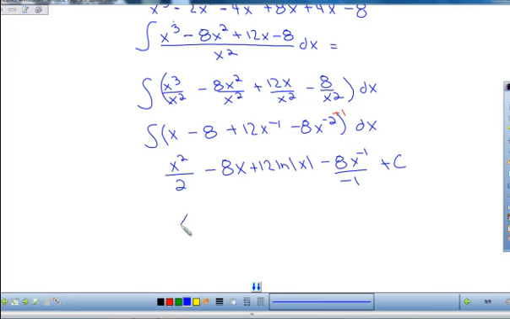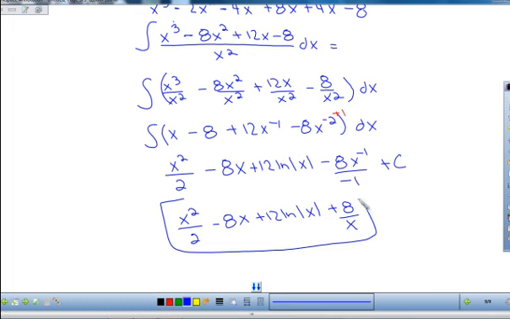So I'm going to have x²/2 minus 6x plus 12 ln|x| plus 8/x. Don't forget your plus C.